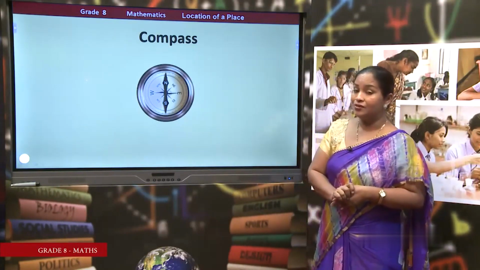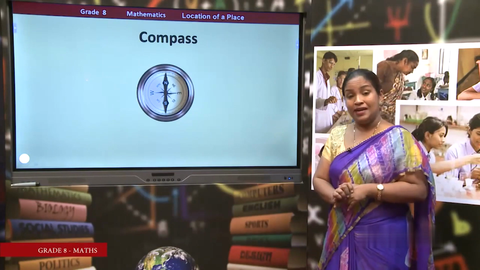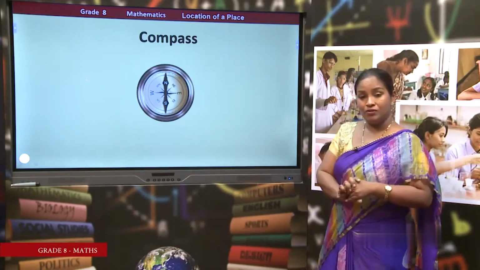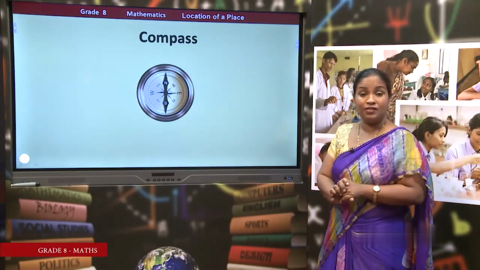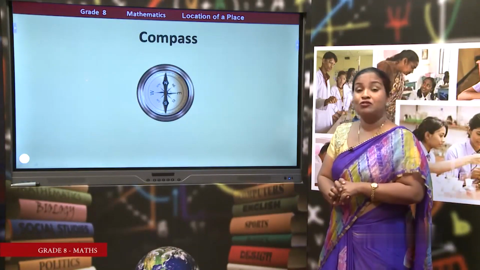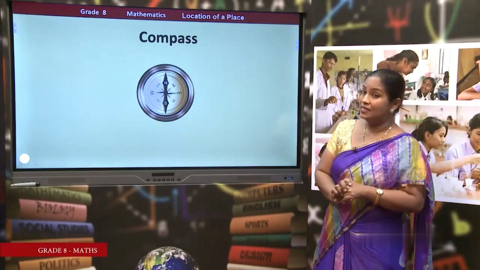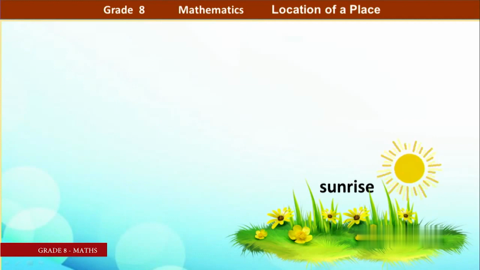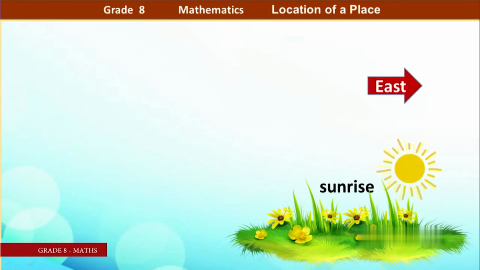I don't think so. In the daytime, you can easily find the direction. The behavior of the sun helps us to decide the directions easily. We will see this small animation. The sun rises in the east.